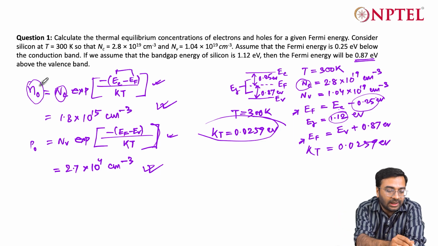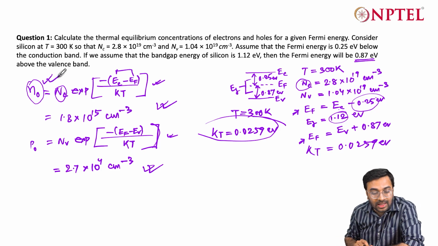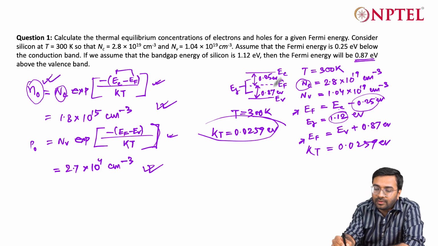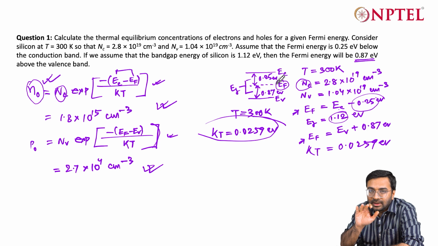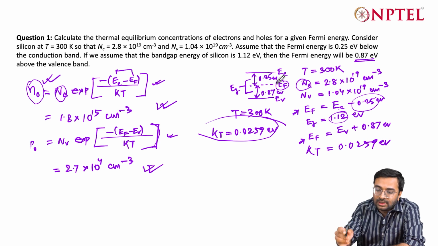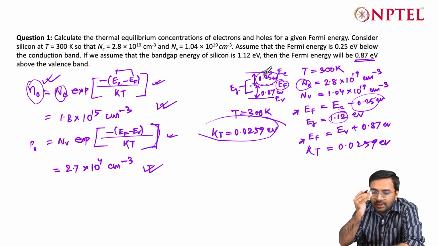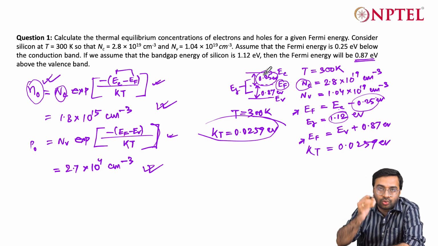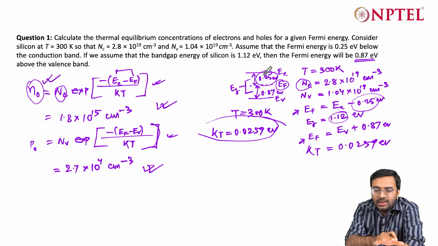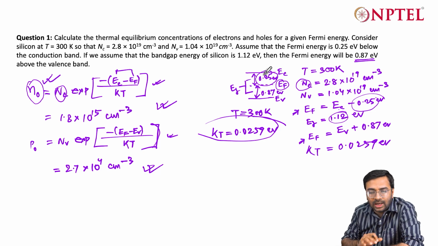These are the majority carriers, and that is why the value of EF is not right in the middle. It is close to EC because it is only 0.25 electron volt below EC and 0.87 electron volt above EV. So, it is close to EC.